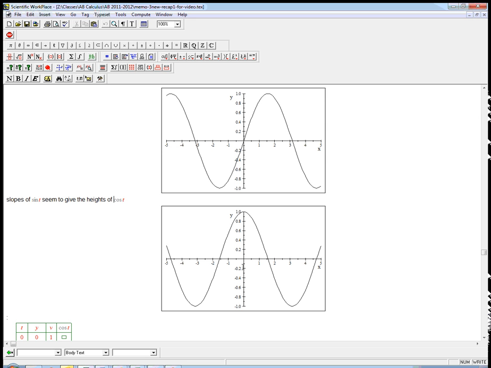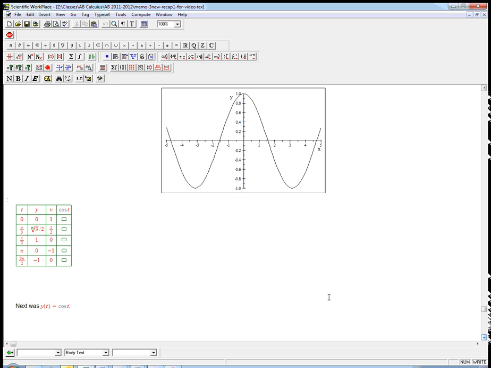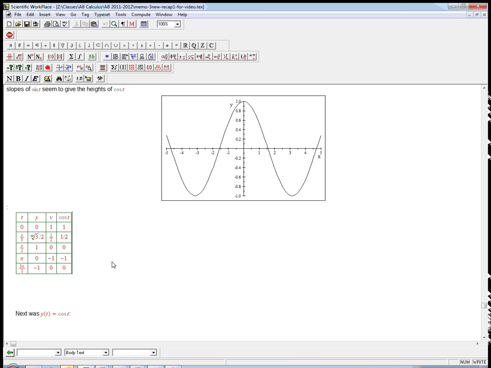Slopes of this graph are supposed to correspond to heights of this graph. So we're not going to actually do anything fancy with cosine. We're just going to evaluate it. Well, cosine of 0 is 1. Cosine of pi over 3 is 1/2. Cosine of pi over 2 is 0. And we get exactly the same numbers if we look down. That suggests that the derivative of sine is cosine. So we can say that now. The derivative of sine is cosine.